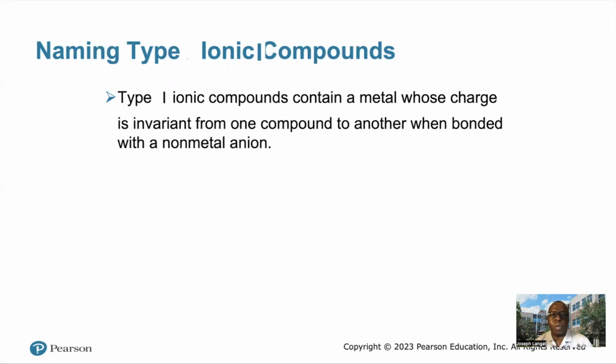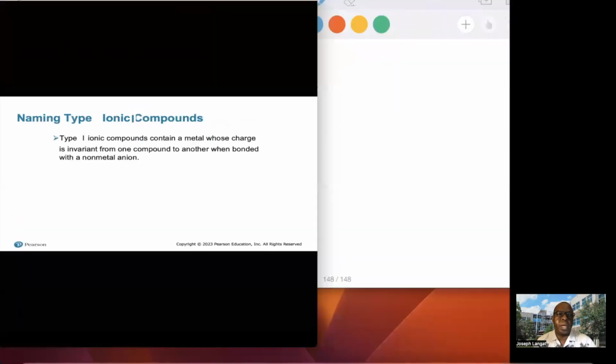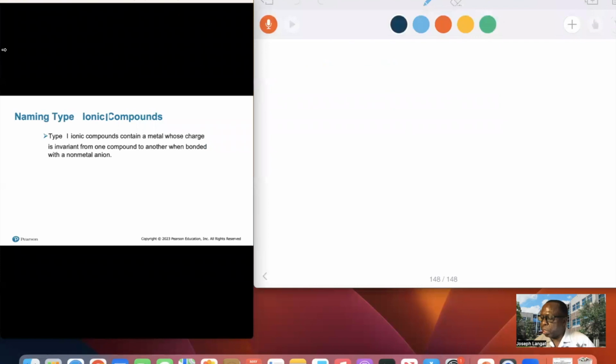It is bonded to a non-metal. This is group 1 right here for type 1, sodium and chlorine, for example. We will learn how to write ionic formulas.